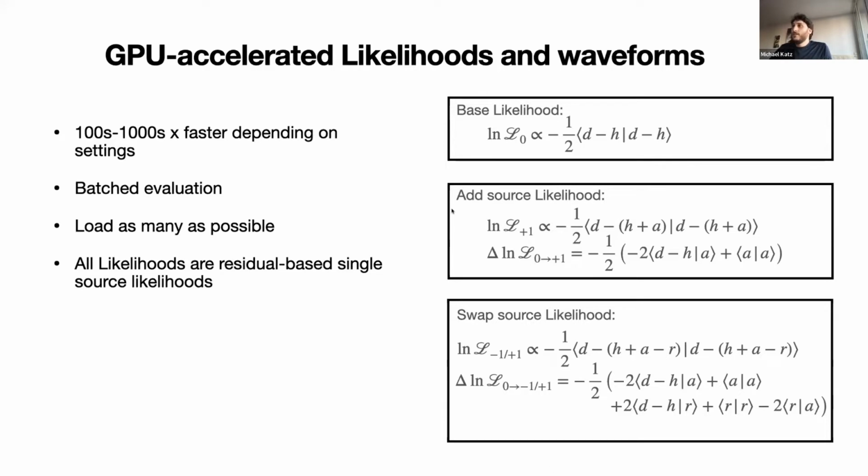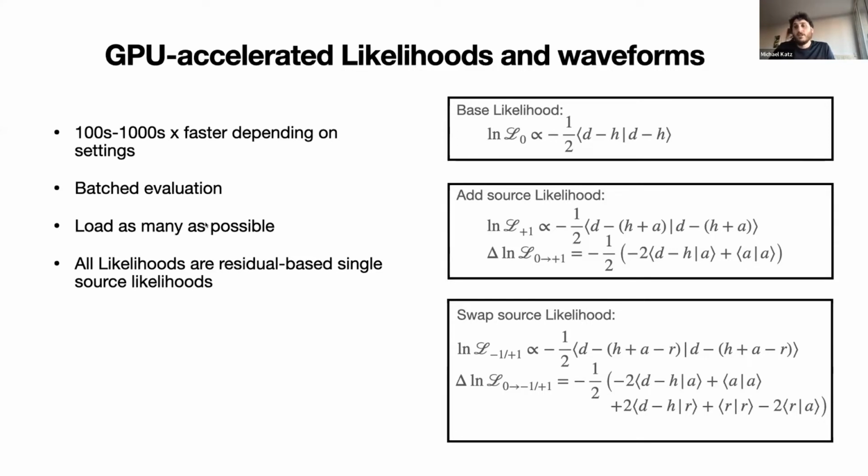As you can see here, this is our basic setup, but the reason we do this is we get hundreds or thousands of times faster from using GPUs. We do this by evaluating things in large batches and loading as many of them as we possibly can. And in order to make everything as fast as we can possibly get it, and as least memory intensive as we can get it, we end up using all residual-based single source likelihoods.